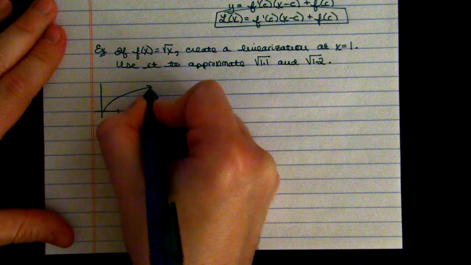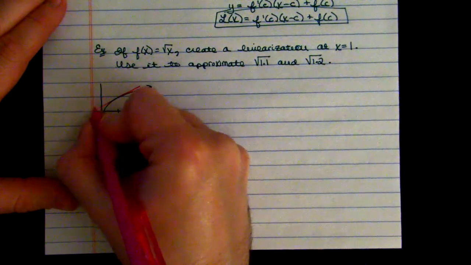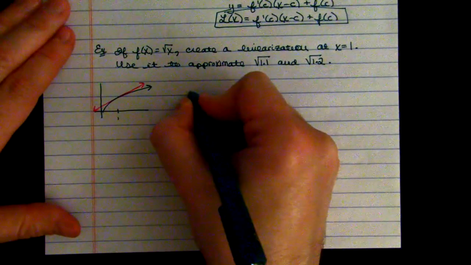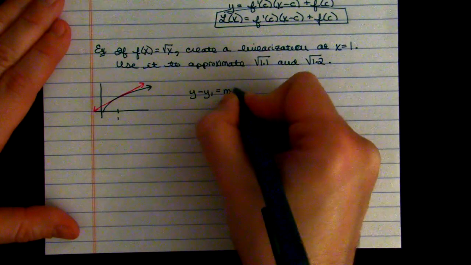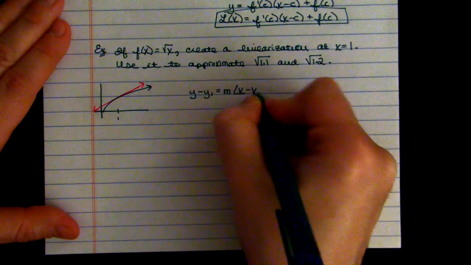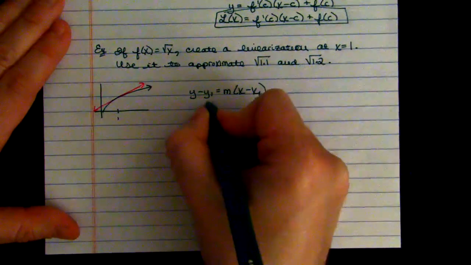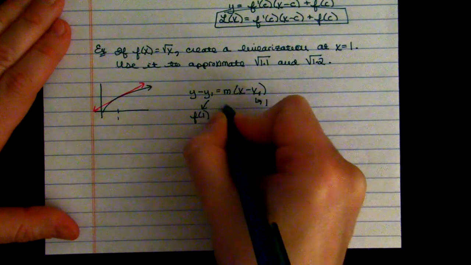Got my square root function. I want to create the equation of a line tangent at x equals 1. My equation is y minus y1 equals m times x minus x1. x1 is 1. y1, I need to plug into my original function, so I'll find f of 1.